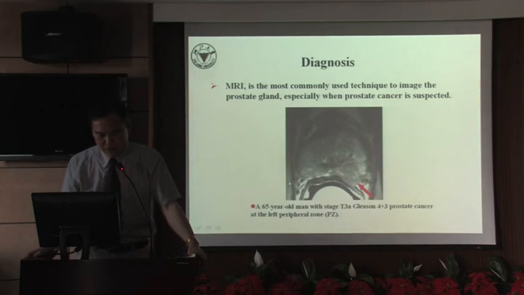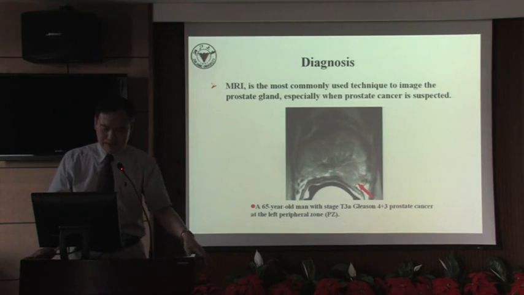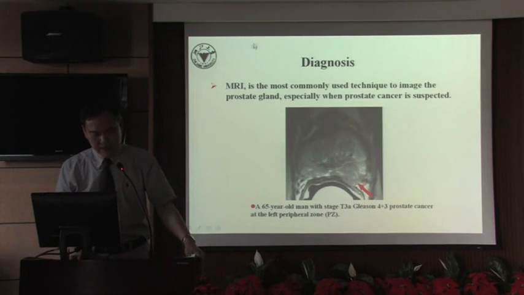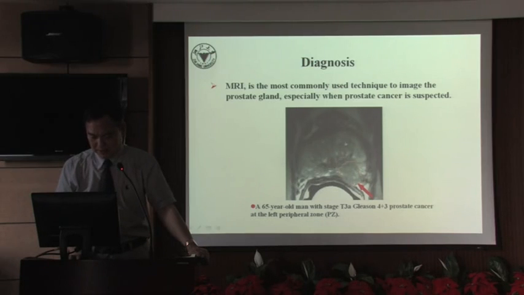And the second imaging technique to diagnose prostate cancer early is MRI. It is the most commonly used technique to image the prostate gland, especially when prostate cancer is suspected. Look at the picture here.